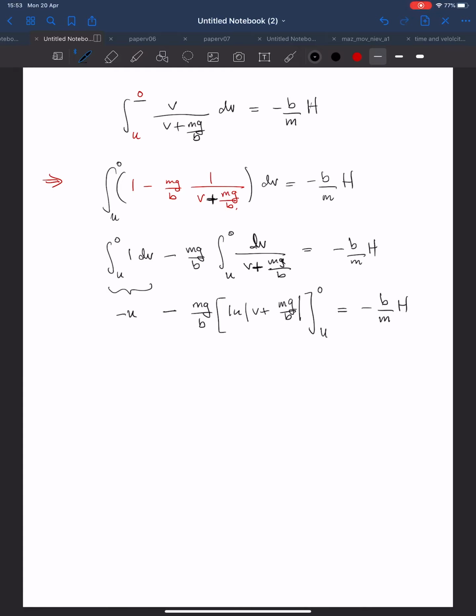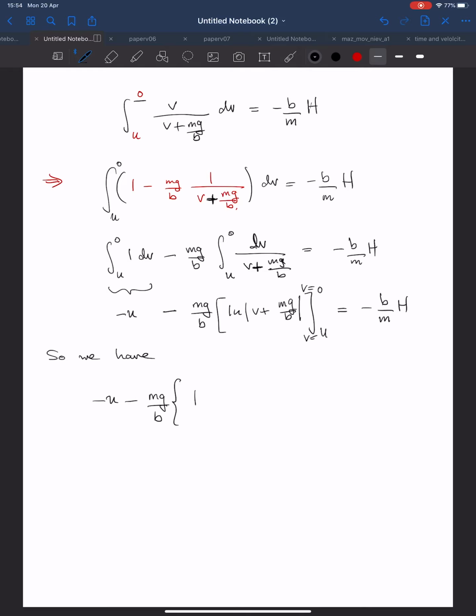So this then means we have minus u minus mg over b. In the brackets here, I'm going to plug in the limits. So I have log of the modulus. If I sub in v equals u and v equals 0.